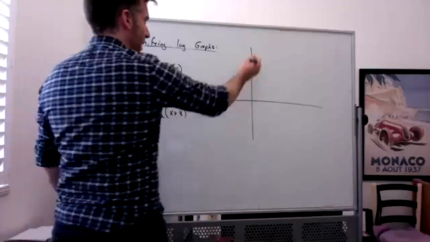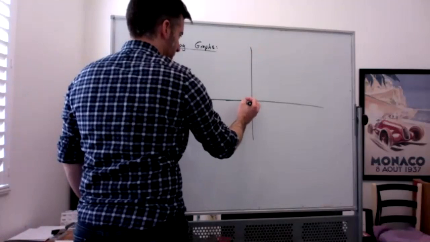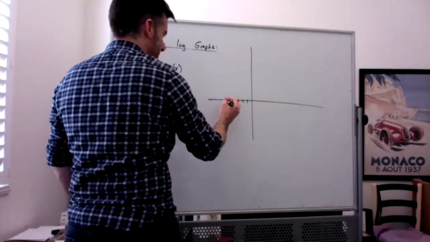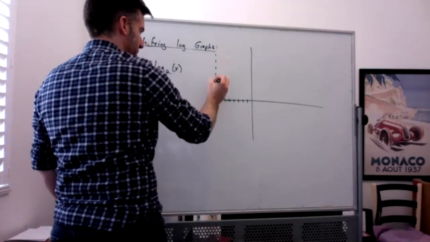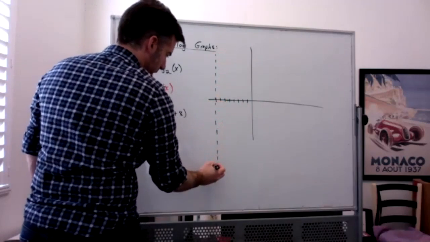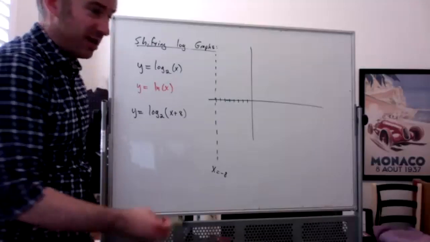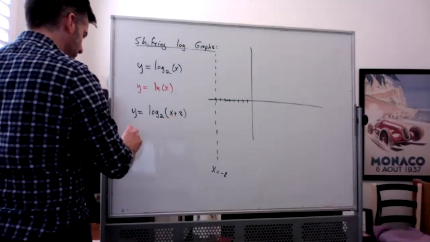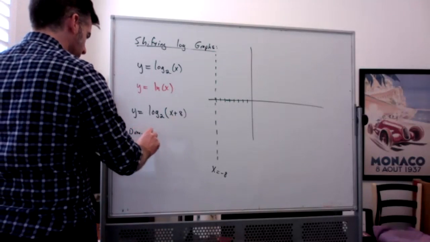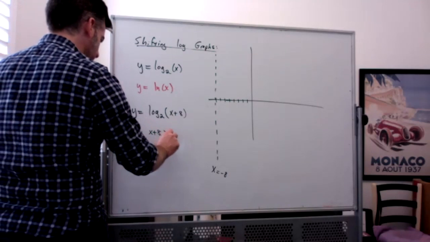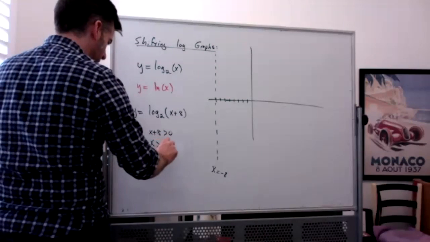So if it was at x equals 0, we've shifted it 8 to the left. So now my new vertical asymptote is at x equal to -8, which makes sense when we think about the domain. If the domain of this function is x plus 8 is greater than 0, so x is greater than -8.